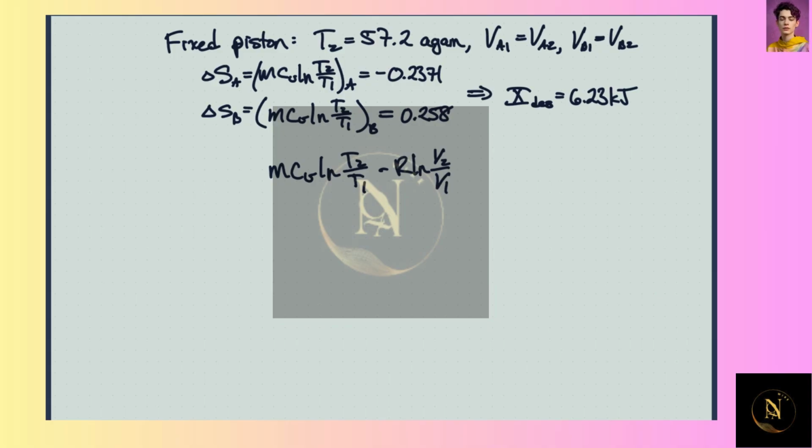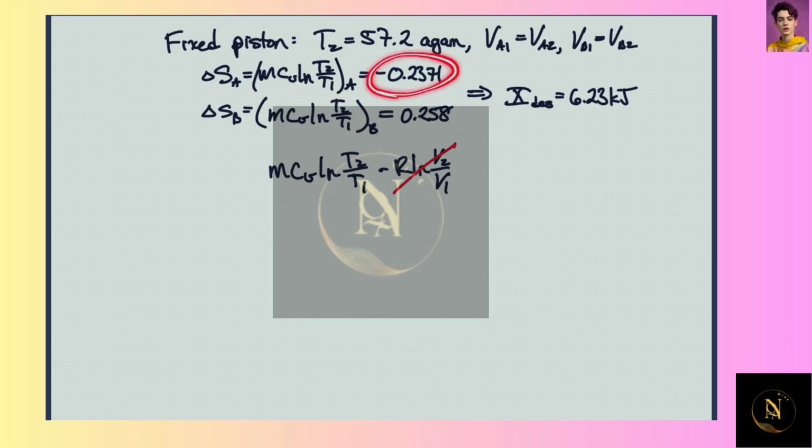So because the volume doesn't change, this term goes away, right? So we can cross that one out. That's just another way of writing it, using the ideal gas law again. So in this case, we just have this term in the entropy change.